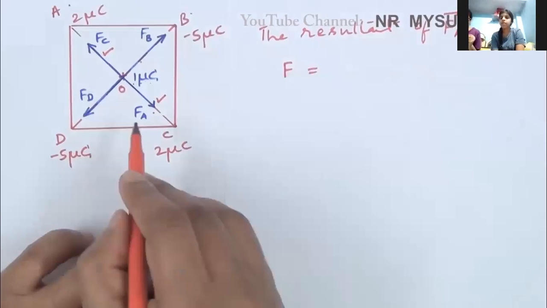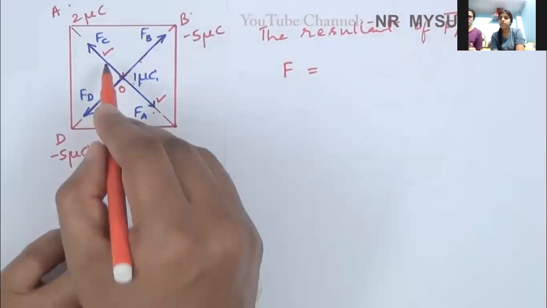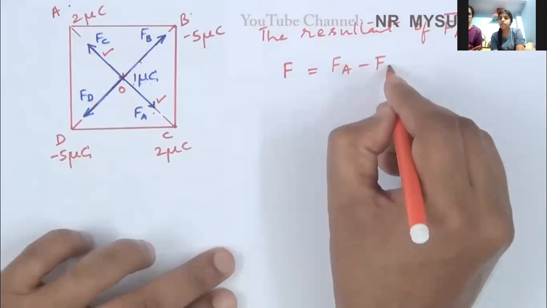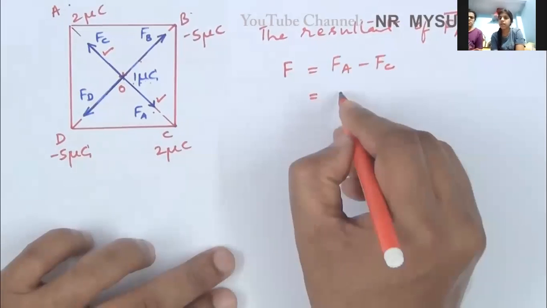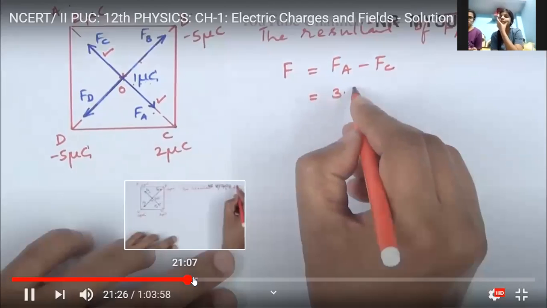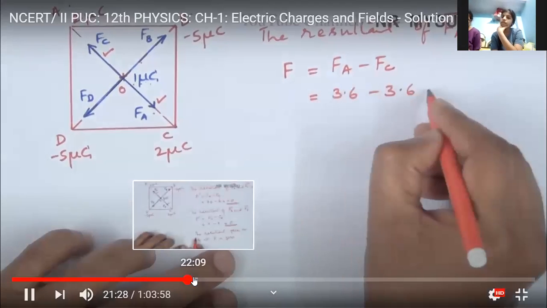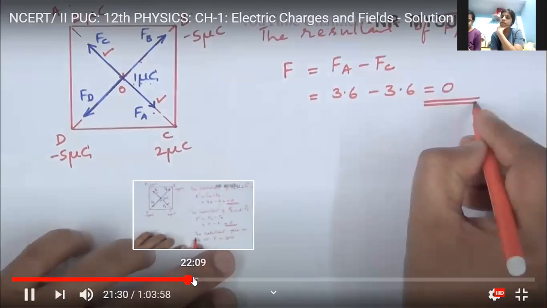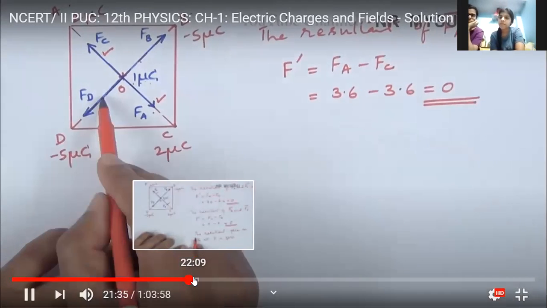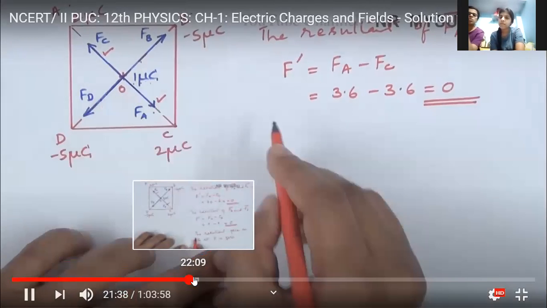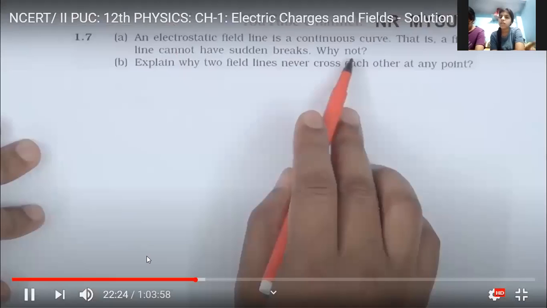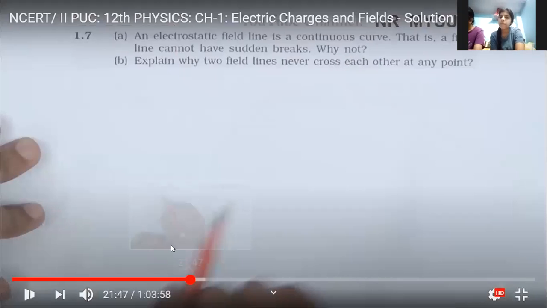Since these two forces are in opposite directions, the resultant is FA minus FC, which is 3.6 minus 3.6, equal to 0. Now, the resultant of these two forces.